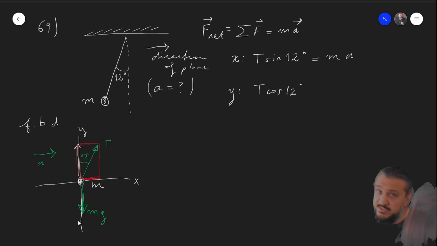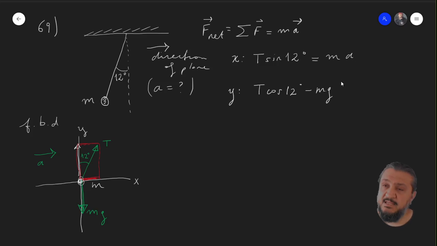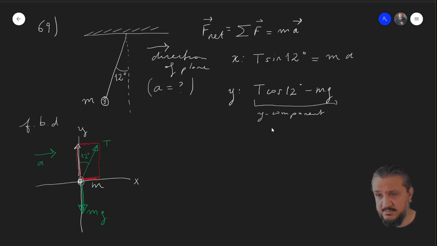But mg is pointing down, therefore negative, minus mg. Now this is nothing but the y component of the net force. The y component of F net has to be equal to the y component of ma, but A doesn't have any y component, it is 0, so I write 0 here.